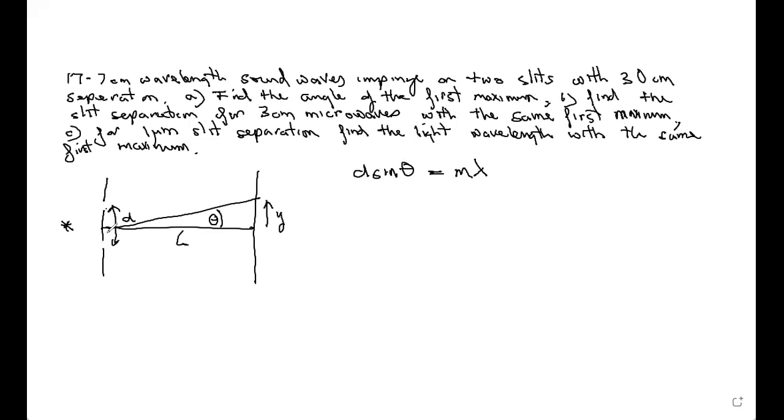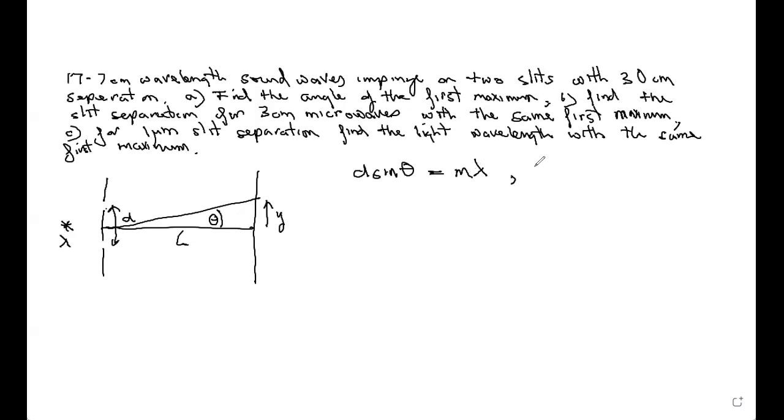I've pictured it over here on the two-slit experiment. Theta is the angle with respect to the axis of the two-slit experiment, the angle at which a bright or a dark fringe, constructive, destructive interference occurs. And then lambda is the wavelength of the sound or the microwaves or the light waves. And m is the order of the bright fringes.